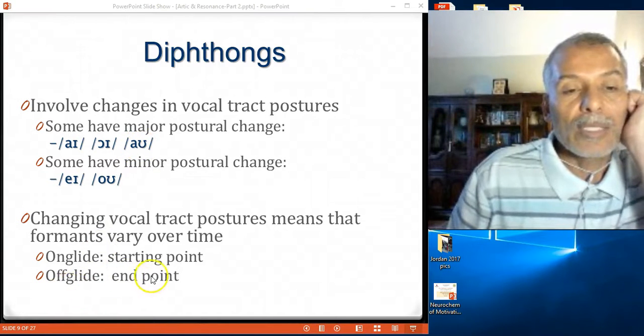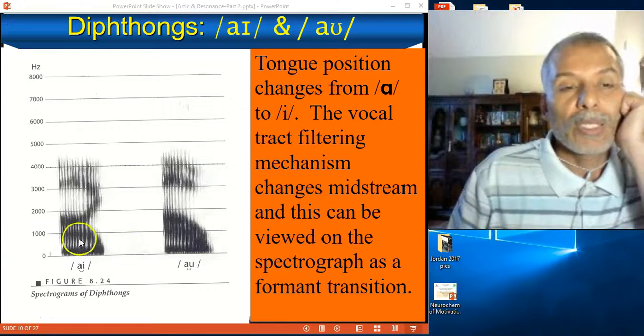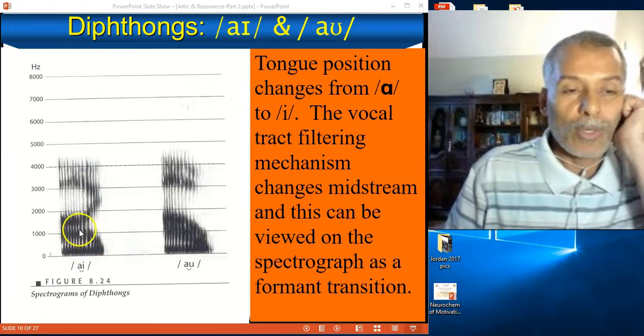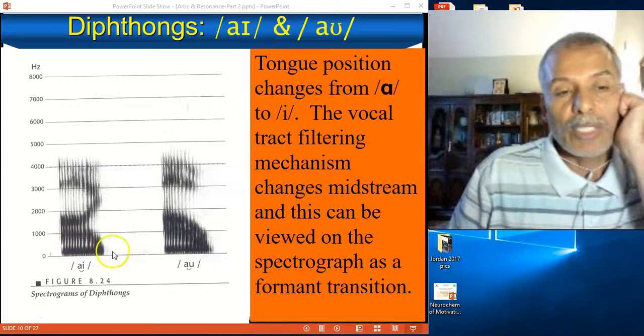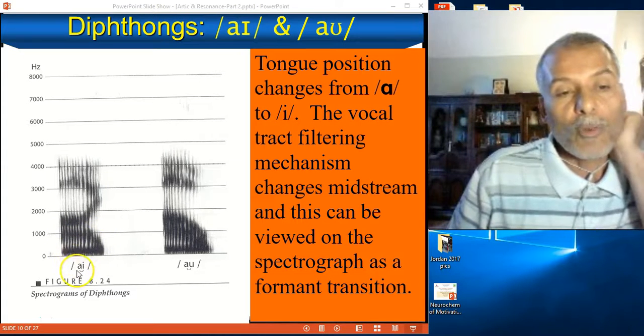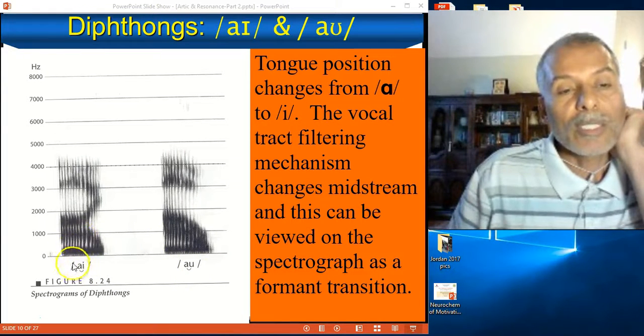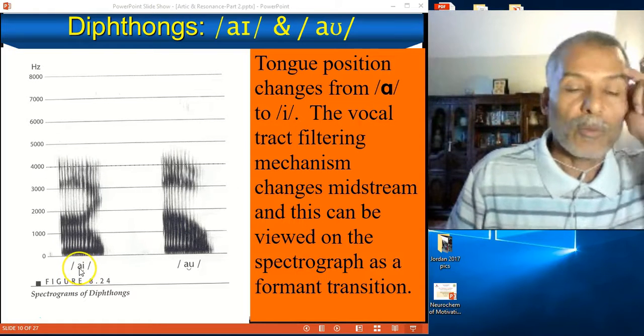And so that's the end point. And you can see here on the spectrogram how the vocal tract changes resonance midstream, as you move from a to e to I and a to u, because each one has a different harmonic frequency, a different resonant frequency.